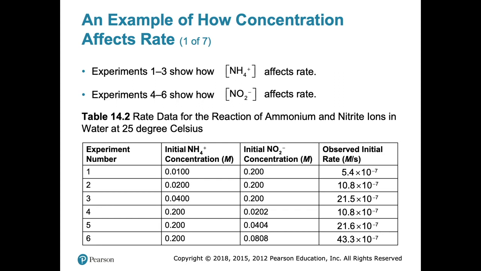The rate starts out at around 10, doubles to around 20, and then doubles again to 40. So whether I double the concentration of nitrite or double the concentration of ammonia, the rate doubles. The thing you can say is this: when I double the concentration of the reactants, I double the rate of the reaction. Does that make sense? That's the general thing you can say, which is actually on the next slide. I just wanted to say it ahead of time.